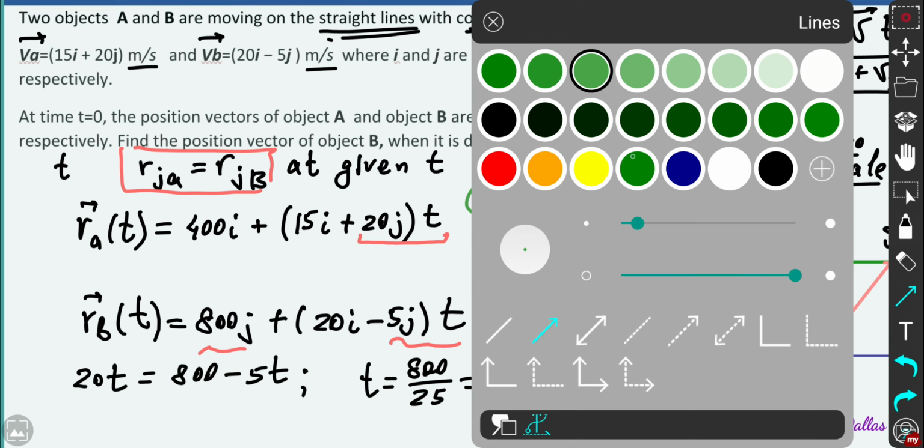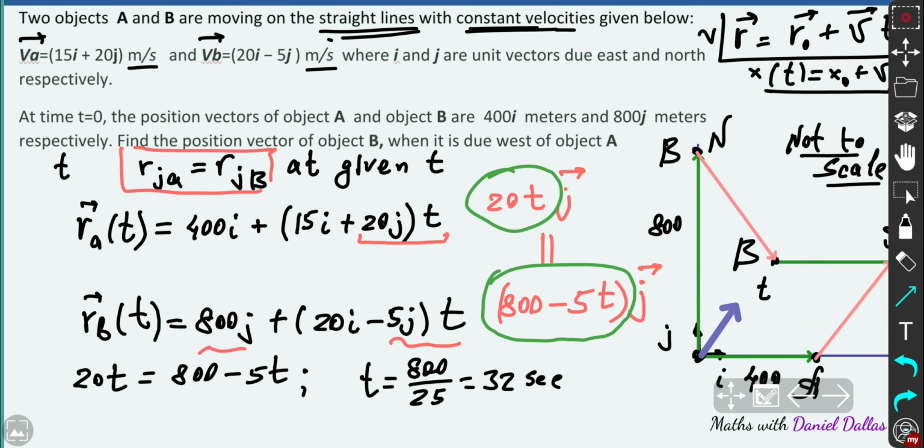Finally, the vector that we're looking for, let's mark it as that, is the position vector for object B. Okay, let's calculate. We have the time, so we just need to put it into RB, the position vector for object B, with time 32 seconds. If we plug that in, we'll get it, but let's do it normally with components.